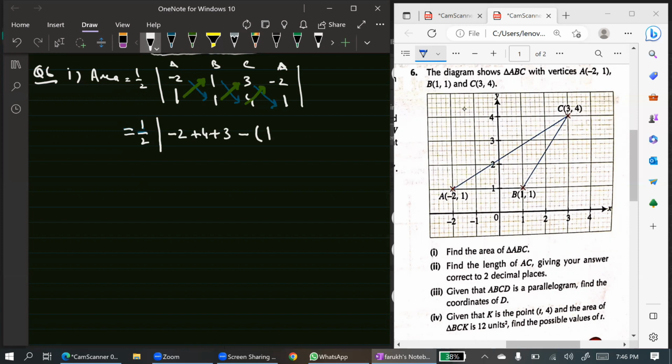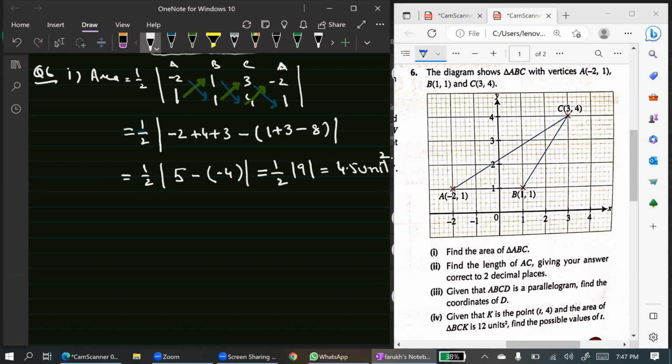That is 1 plus 3 minus 8. Half of 5 minus 8 minus 4. Half into 9 is equal to 4.5 unit square.